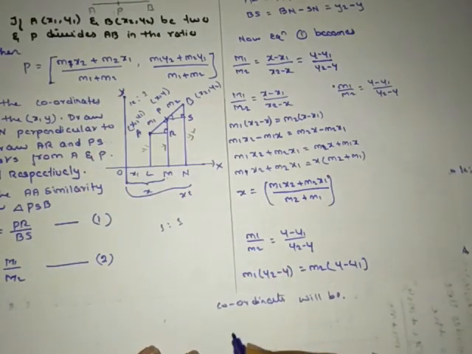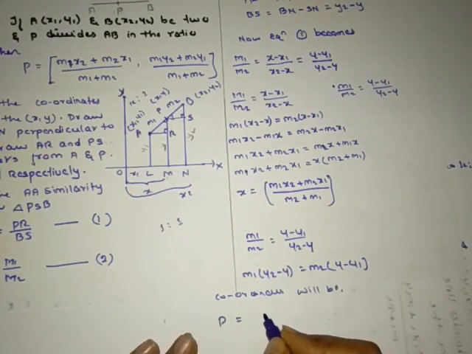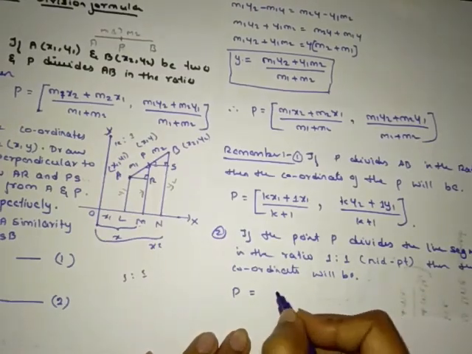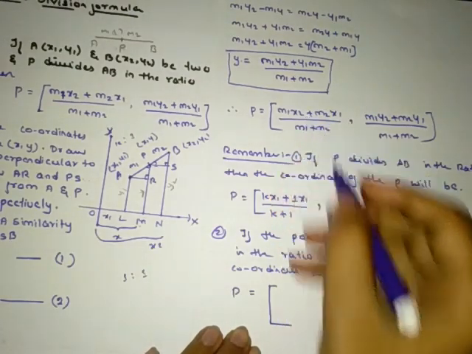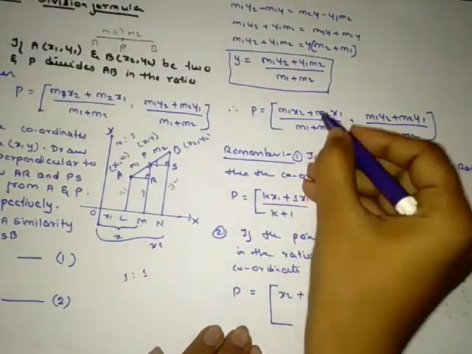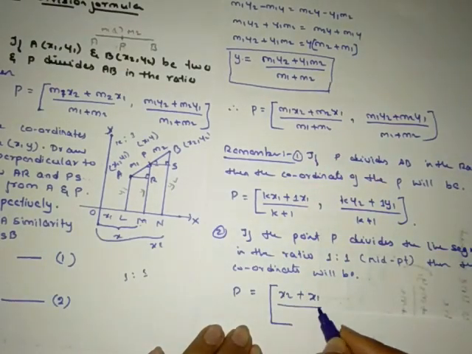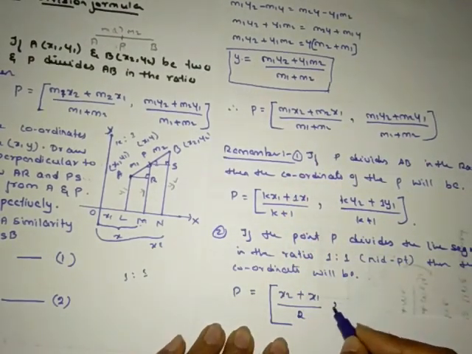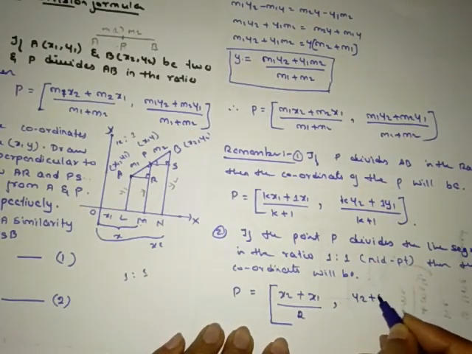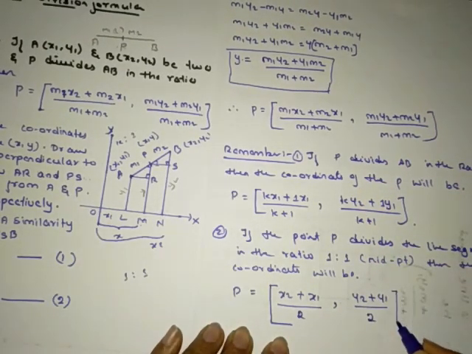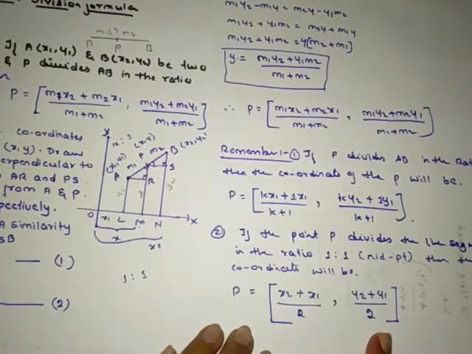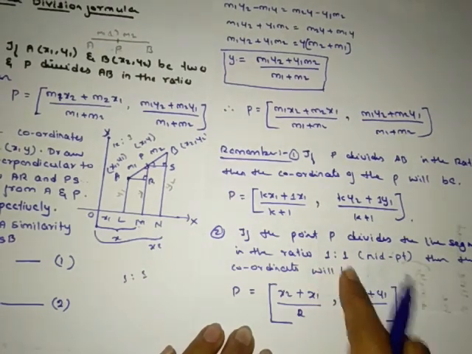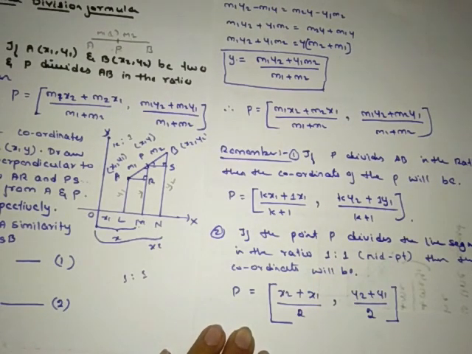Then P is equal to 1 into x2, it is x2 only, plus again 1 into x1, it is x1, divided by 1 plus 1, it will be 2, comma, again the same thing, y2 plus y1 divided by 2. Okay, these will be the coordinates when the point divides the line segment in the ratio 1:1. These are the points to be remembered. They may ask in objective type questions.